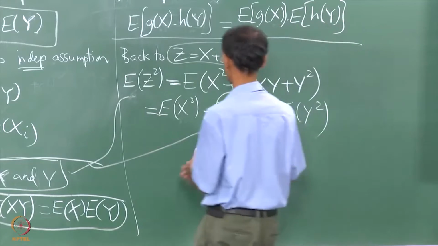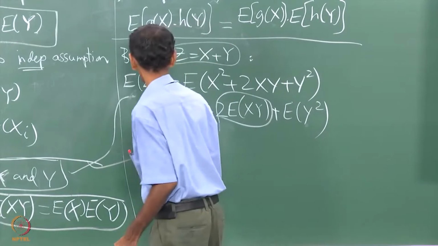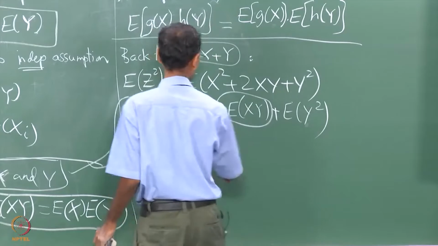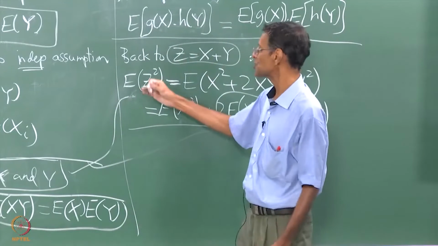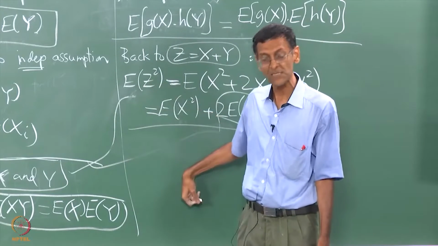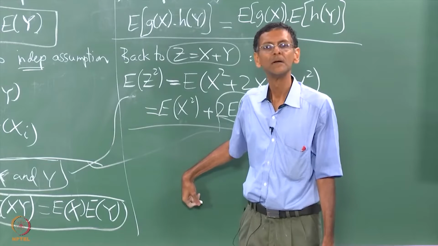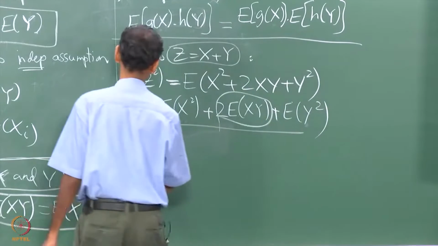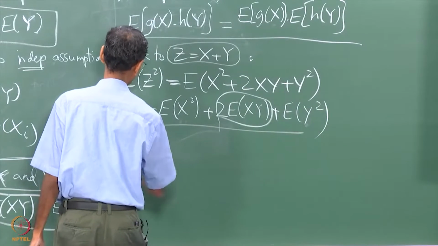Okay. Now, what is the variance? But variance is not just this, right? Variance, this is minus what? What is E of z the whole squared?